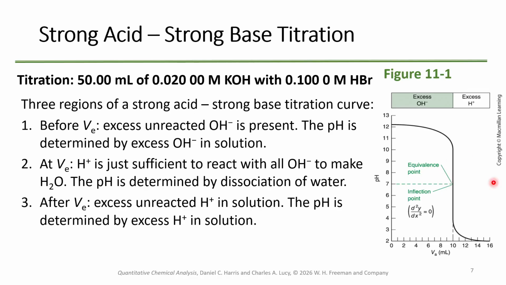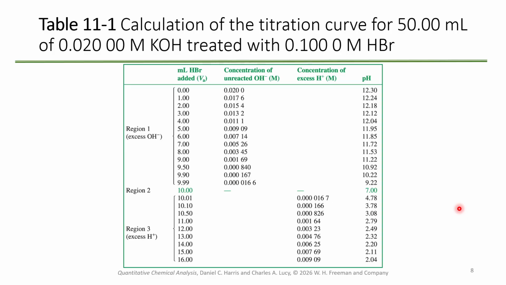Okay, after VE, we're going to have excess H+, and so your H+ concentration, your pH, is determined directly by that excess strong acid, excess H+ concentration. That's all that determines that.